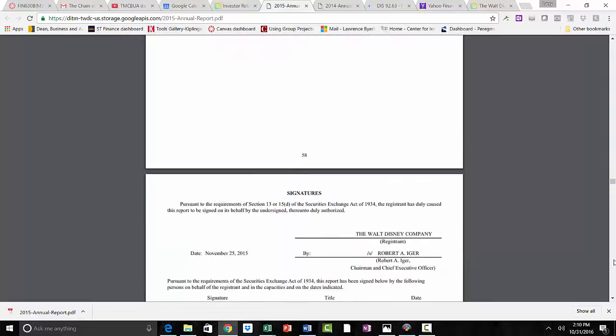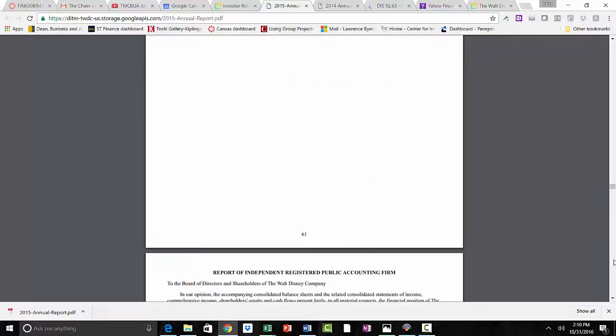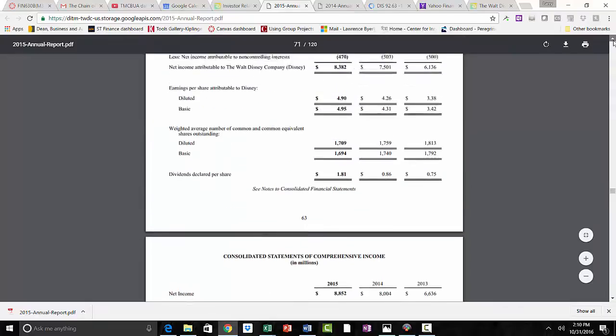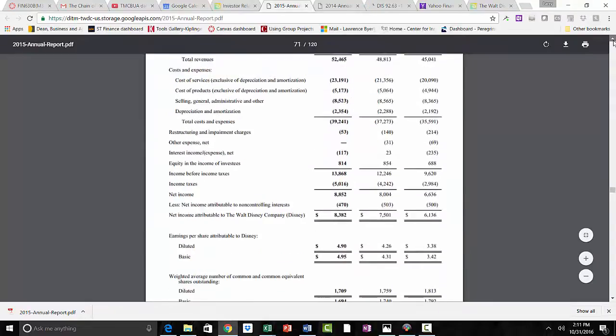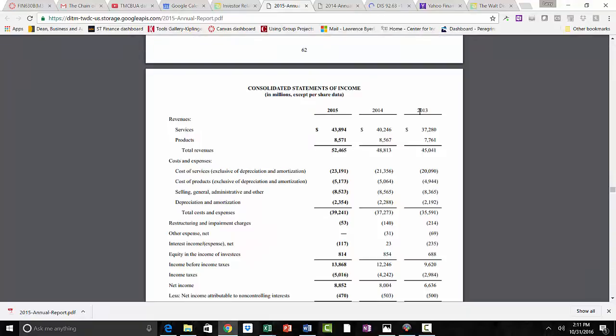And I'm trying to find those pages. You might have to scroll down. So here we are. Here are the financial statements, consolidated statements of income. Again, you can see for the 2015 statement, it goes 15, 14, 13. We're going to assume that these are revised statements for years 2013 and 14.